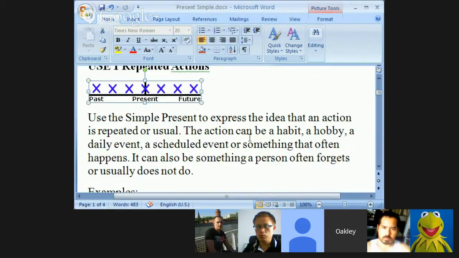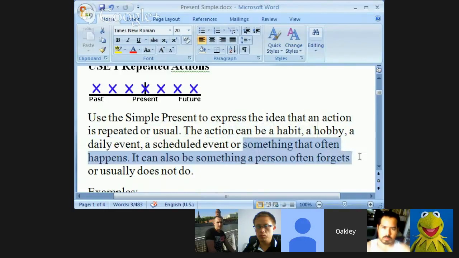This action can be a habit. These are common. A habit, perhaps a hobby, something you like to do, perhaps a daily event, weekly event, monthly event, yearly event, as long as it happens regularly, and I like regularly to describe this usage. Scheduled event, just plain anything that often happens.